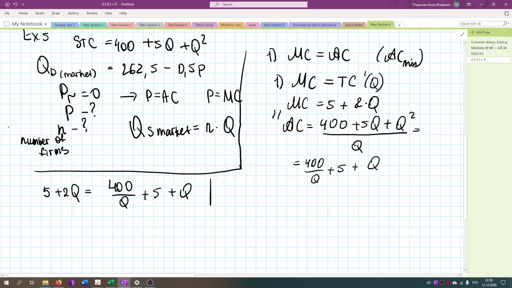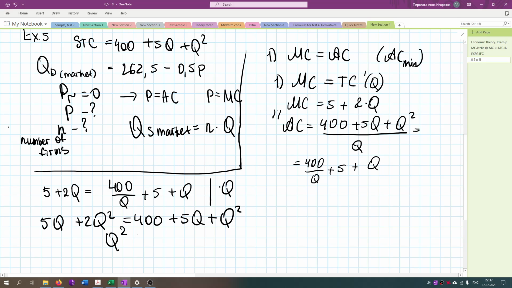We will multiply our expression by q to get rid of some denominators. So 5q plus 2q squared is equal to 400 plus 5q plus q squared. After computations, we will receive that q squared is equal to 400 and Q is equal to 20.